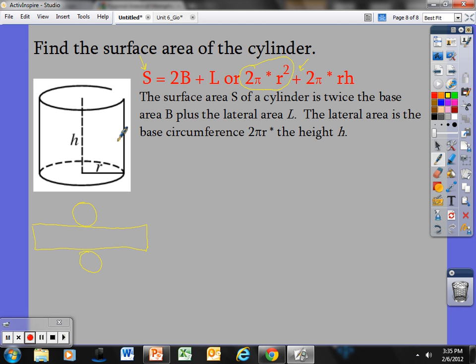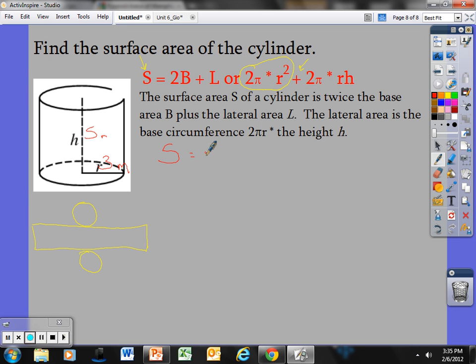So let me make up some measurements here. Let's say that the radius is 3, and we'll call it 3 meters. We'll call the height 5 meters. Okay, so using my formula, I'm going to write it down here.